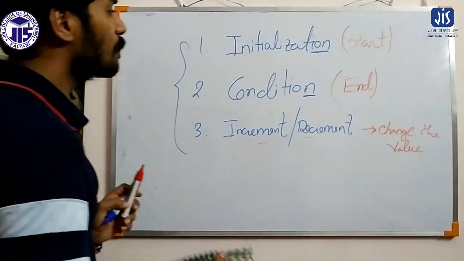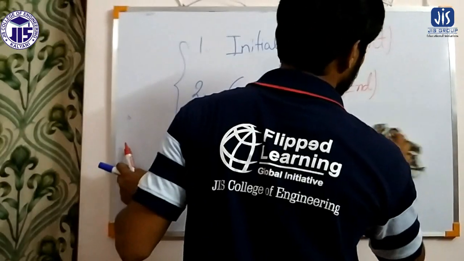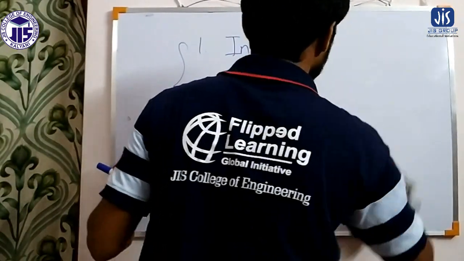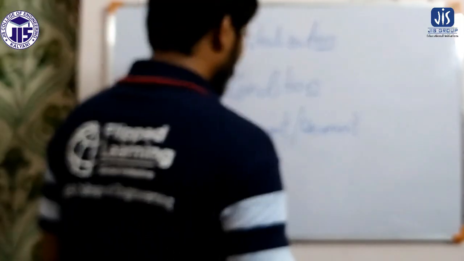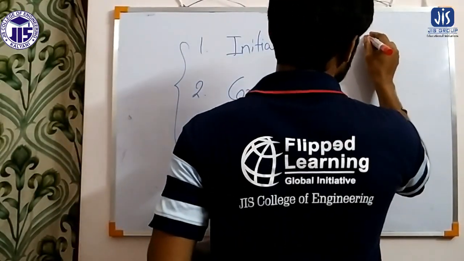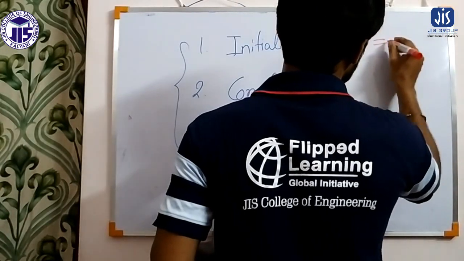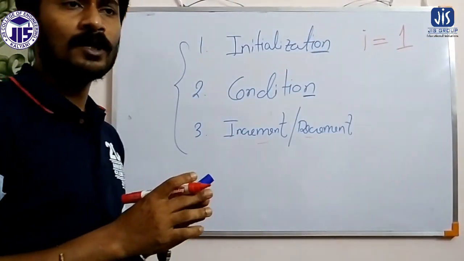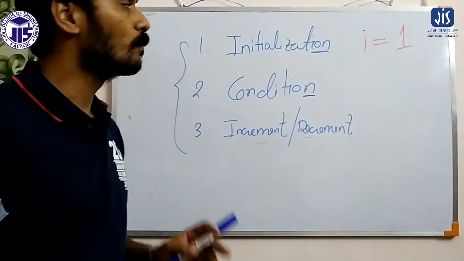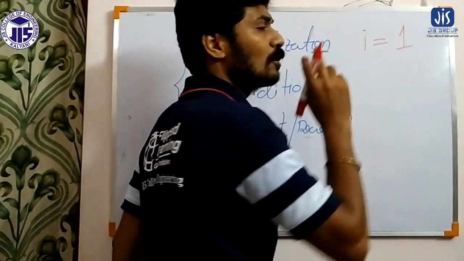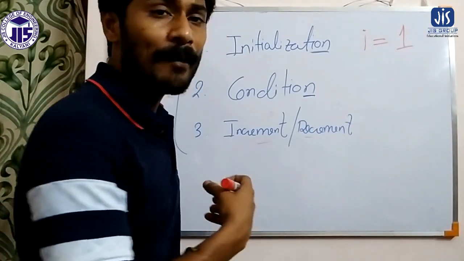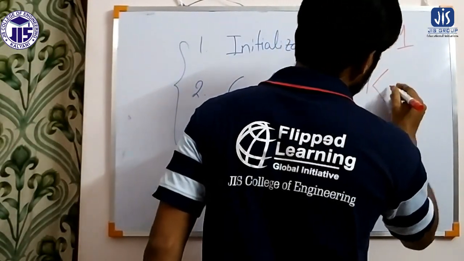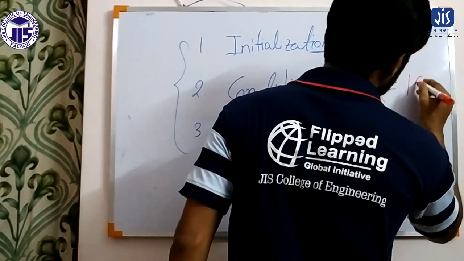In the initialization part, if I write I equals 1, here we have taken a variable I through which we are going to control the loop, and the initial value of I is equal to 1. Now if I apply a condition, the condition is I less than equals to 10.